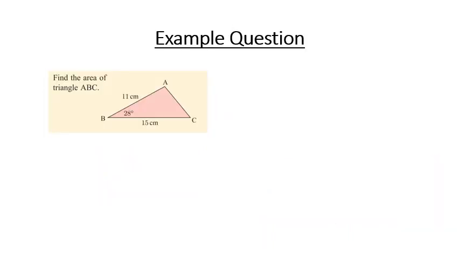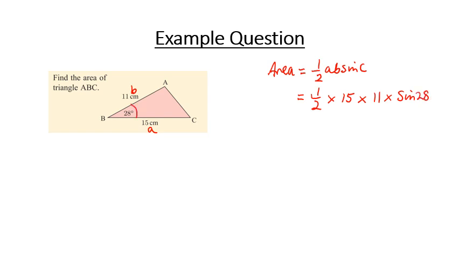Okay, so we're going to do an example question here. The question says find the area of the triangle ABC. Remember our area equals a half ab sine C. In this particular case, it's going to be a half times a. A is our bottom, remember, it's 15, times b, which is this side, which is 11, times sine C, and in this case, that's 28.